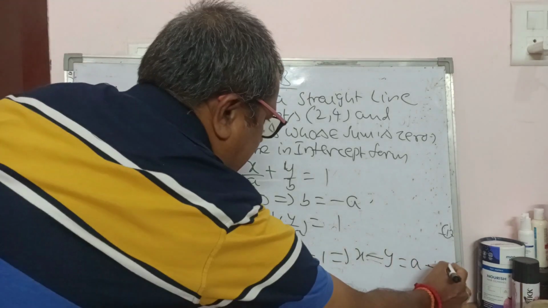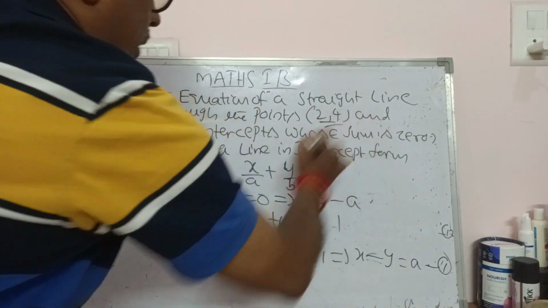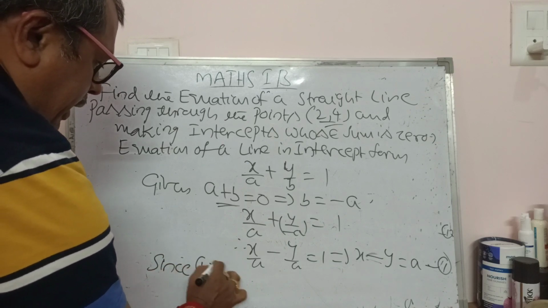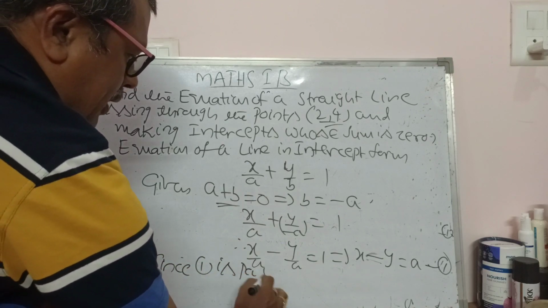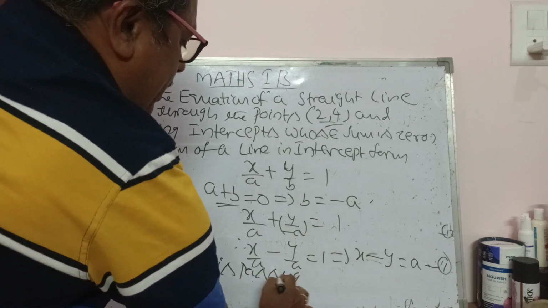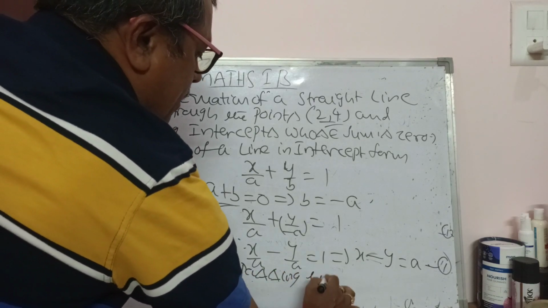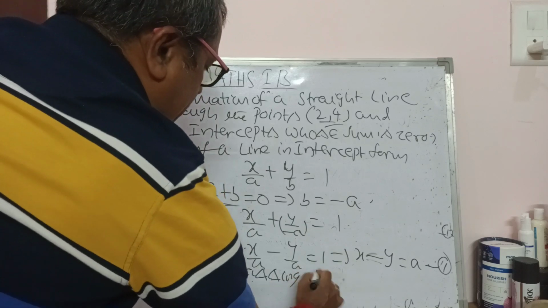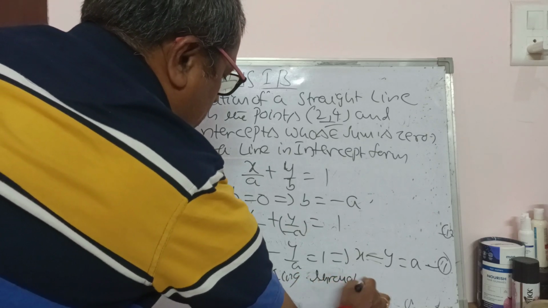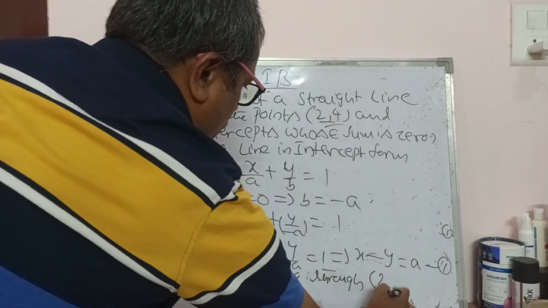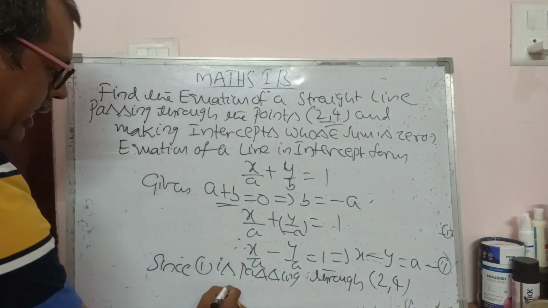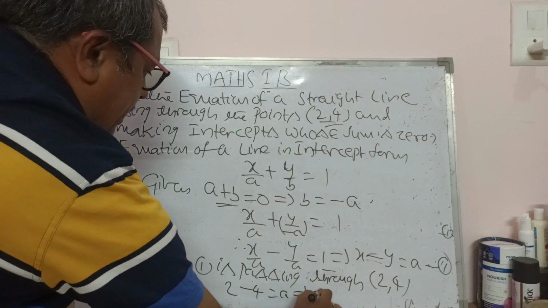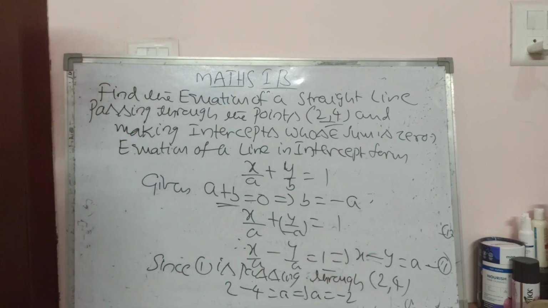But it is a line passing through (2, 4). So 2 minus 4 is equal to a. This implies a is equal to minus 2.